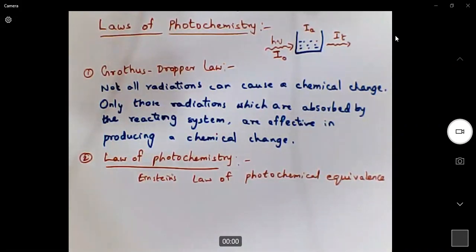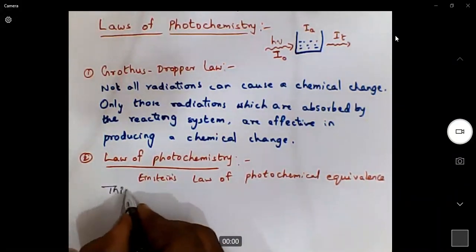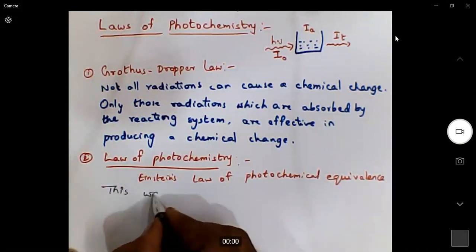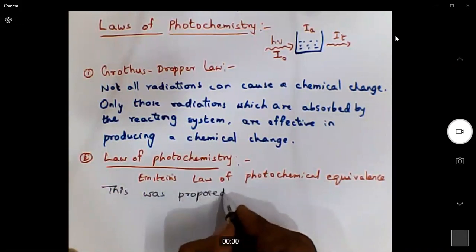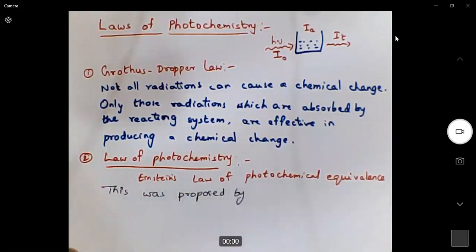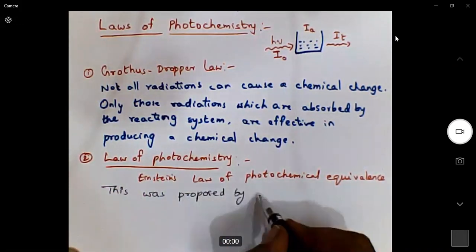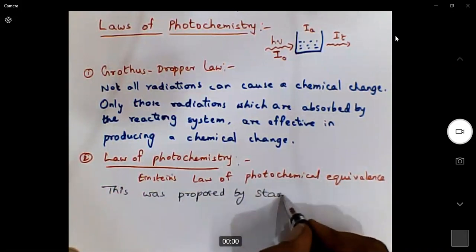What is Einstein's law of photochemical equivalence? This was actually proposed by Stark and Einstein.